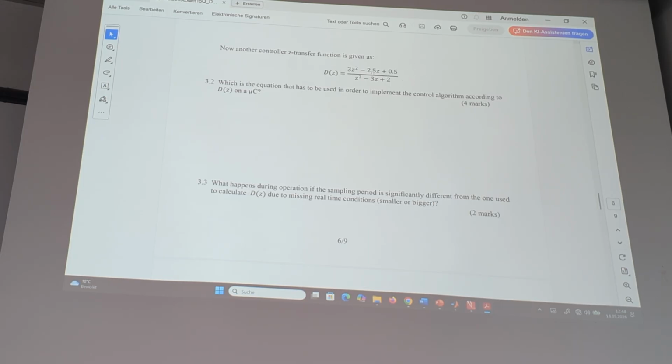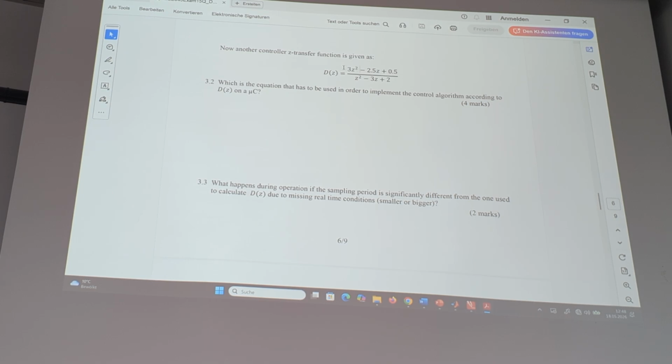So actually D of z is equal to Y over E. Y is the output of the controller, E, the error, is the input of the controller. So Y will come together with the denominator, and E will go over to the other side with the numerator. Then we can multiply the whole equation with z to the power of minus 2.